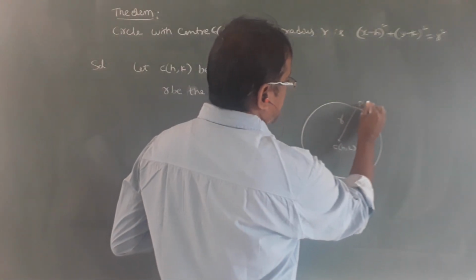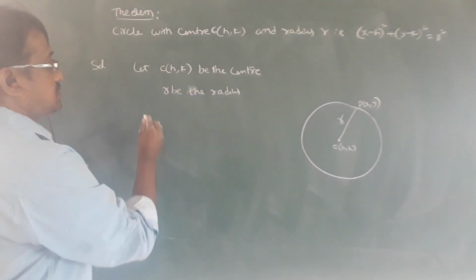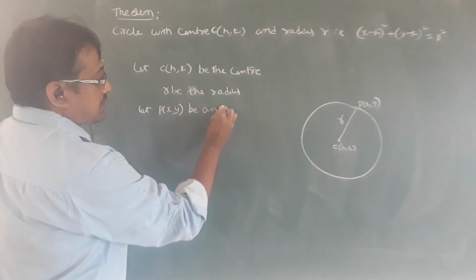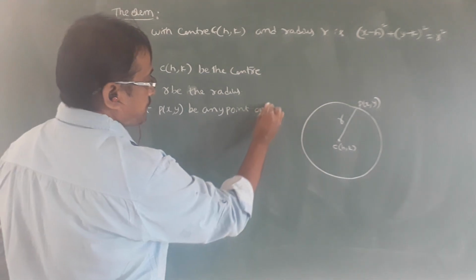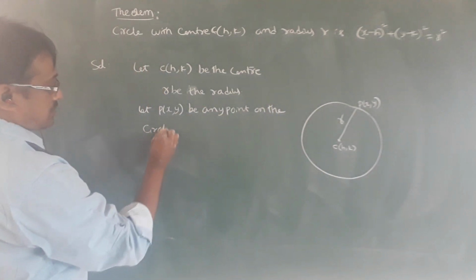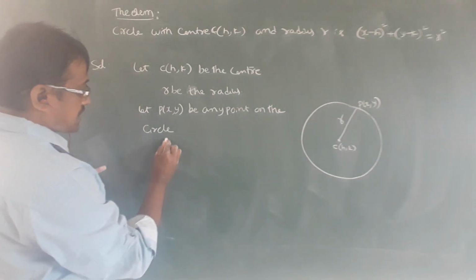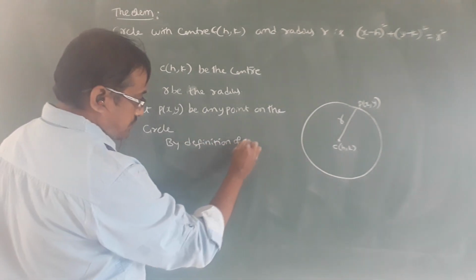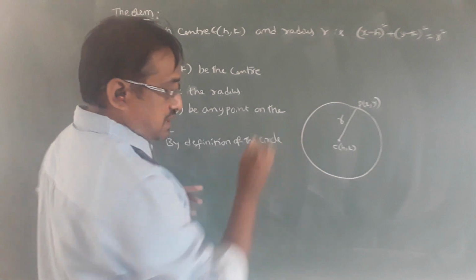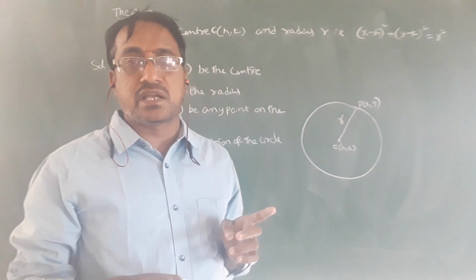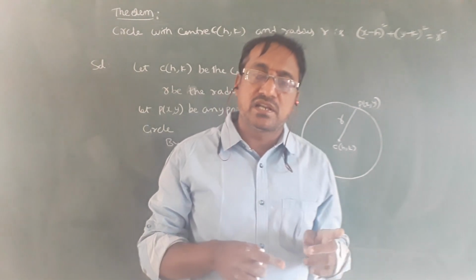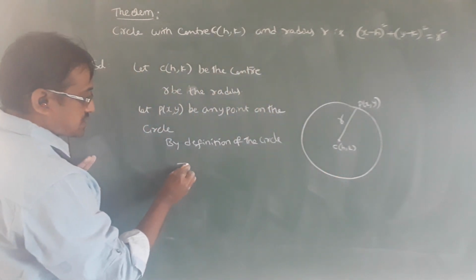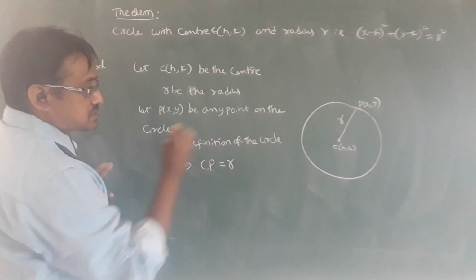Let P(x, y) be any point on the circle. Every point on that circle has to satisfy the condition that it should be at a distance r from the center. So you can say that CP is equal to small r.